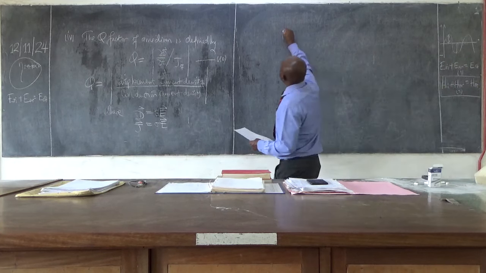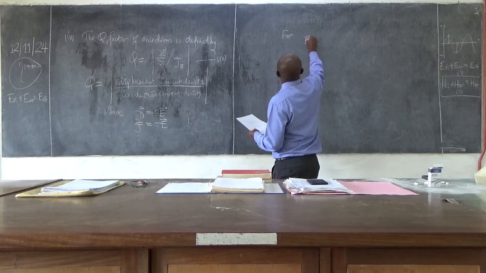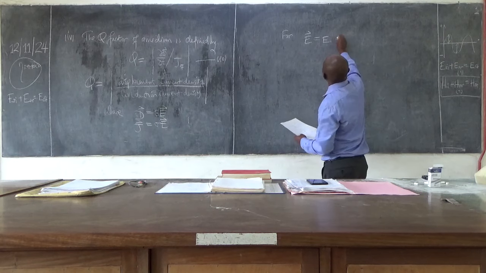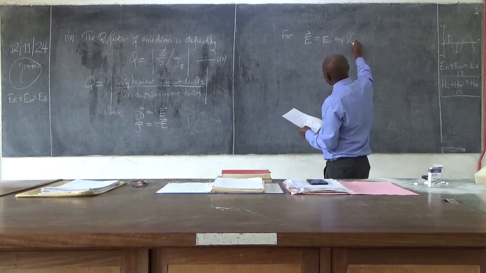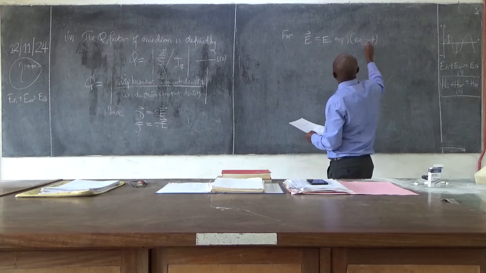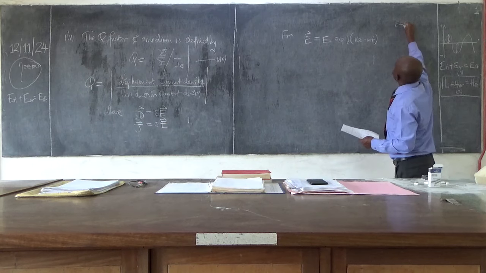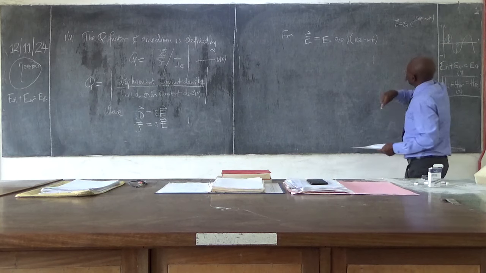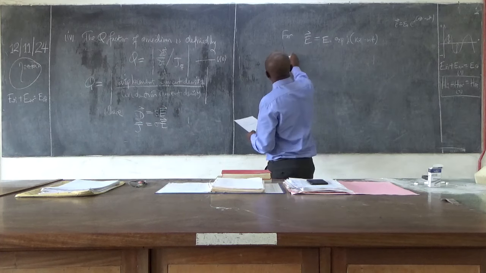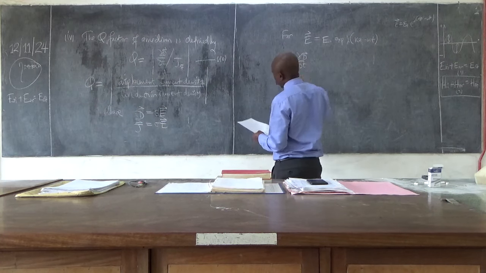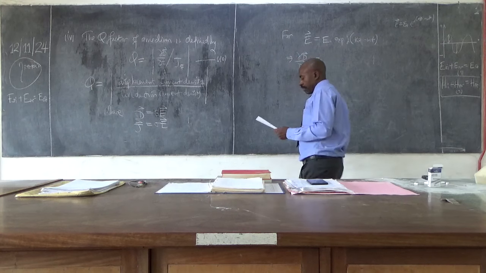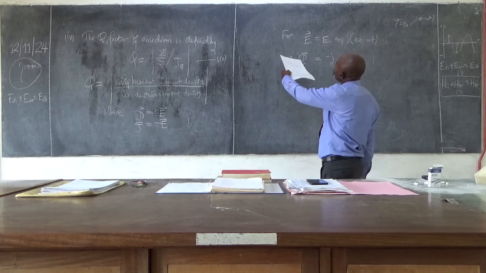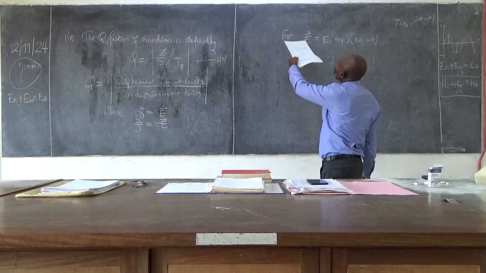Now, for a wave propagating in the form E is equal to E naught exponential j(kz minus omega t), then we would have that the partial derivative with respect to t is the same as minus j omega, because this is the same as differentiating partially epsilon dE by dt.